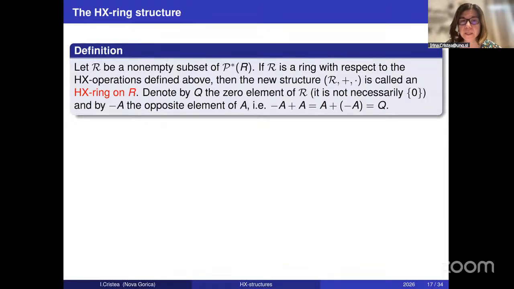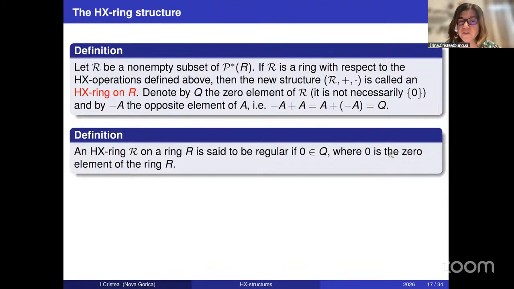This Q element is a set, and it is not necessarily the one containing the zero element of the initial ring R, while by minus A we define the opposite element of A, so minus A plus A is equal to Q. An HX ring is said to be regular if the zero element in the initial ring belongs to the zero element of the HX ring.